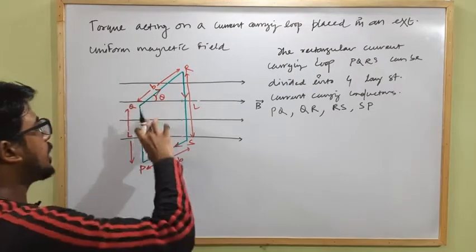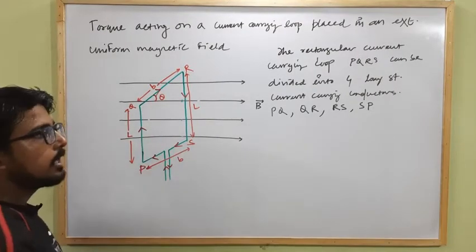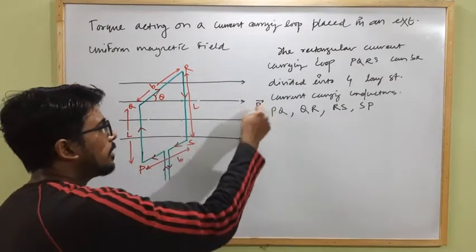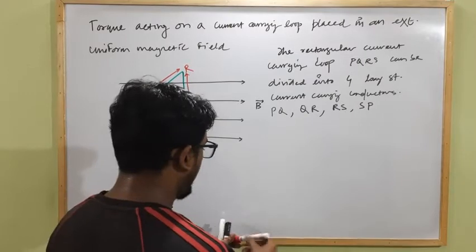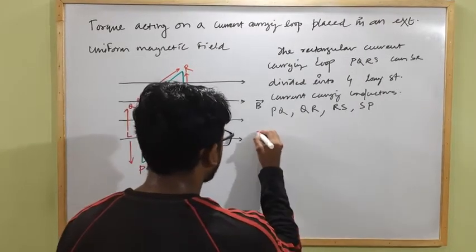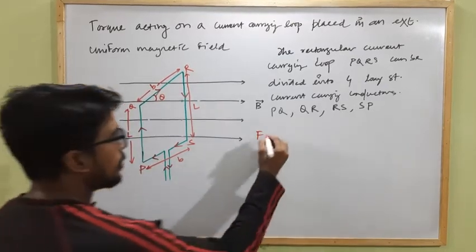So the complete loop can be split into 4 long straight current carrying conductors, which is placed in an external magnetic field of strength B, which is acting horizontally. So now we can easily find out the force acting on the current carrying conductor PQ.